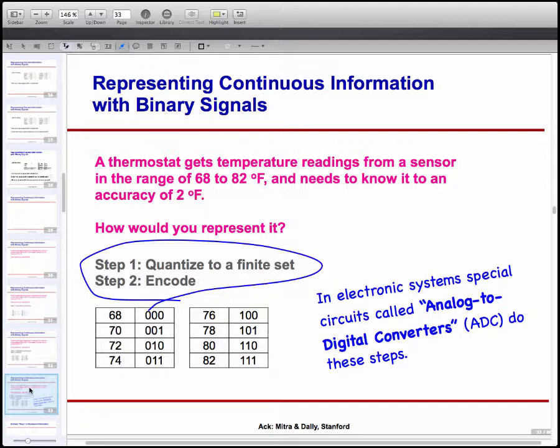As you can imagine, what's happening out here is the circuit has to sample the continuous signal, let's say a temperature or something like that, and then find the nearest digital mapping for it and output that. So it turns out to be a reasonably tricky thing to do, particularly if you're doing it very fast.